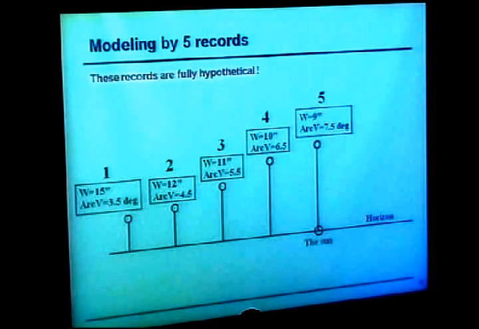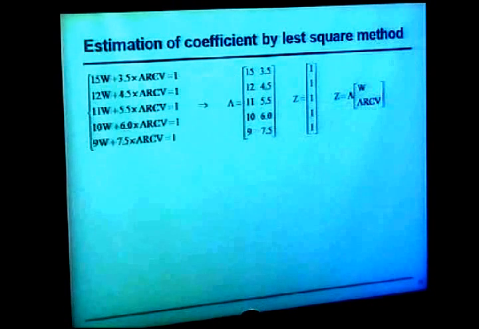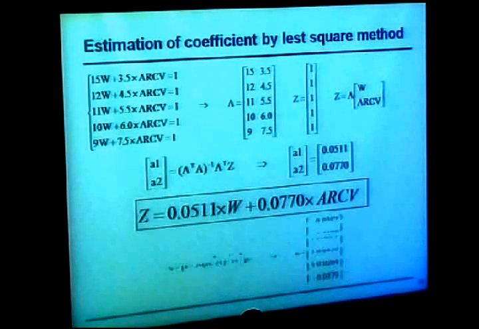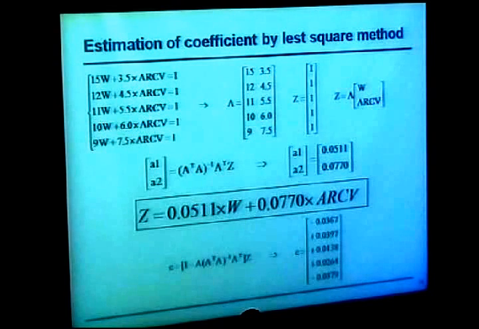But we solve this problem with 5 records, as you see in this picture, by the least squares method, and see the result by obtaining the coefficients of this equation. But in this case the modeling error is not equal to 0. The modeling error is shown in this picture.